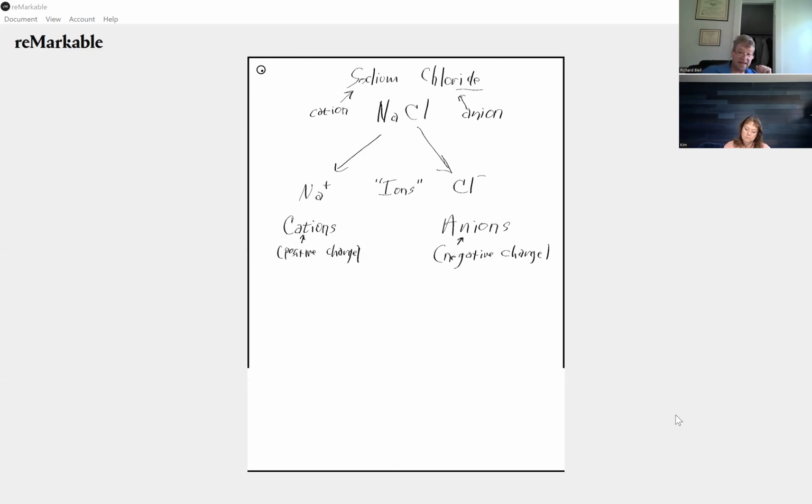As it turns out, it's not always 1-to-1. So let's look at another example. Aluminium oxide.